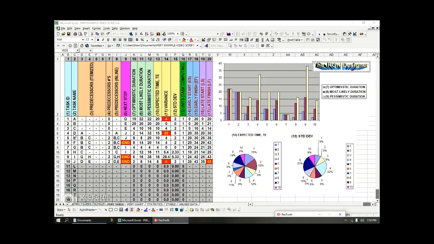When you get to D, in order to start D, you have to finish A. That's why A is the predecessor of D. In order to get to E, you need to finish B and C. So you get B and C done. When they're both done, then you can start E. The same thing with F, G, they're the same, right?